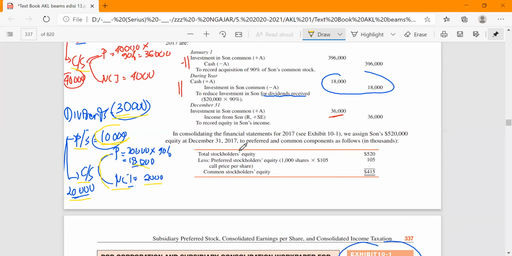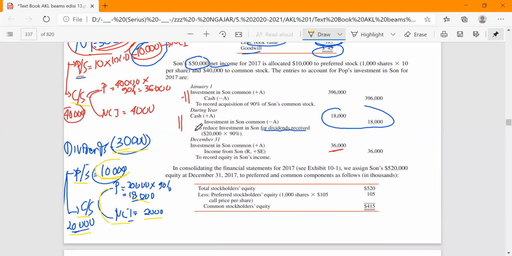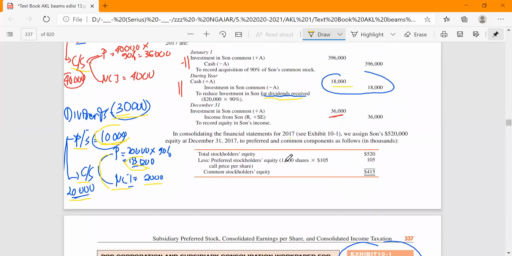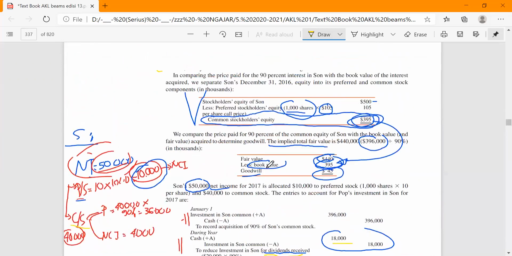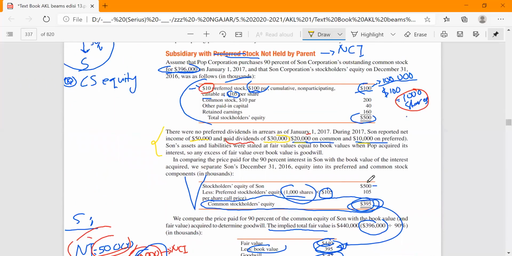So that's why the journalizing of the dividends received by P is only $18,000, obtained from this calculation. And then the next step, in consolidating the financial statement for 2017, the total stockholders' equity is changed.